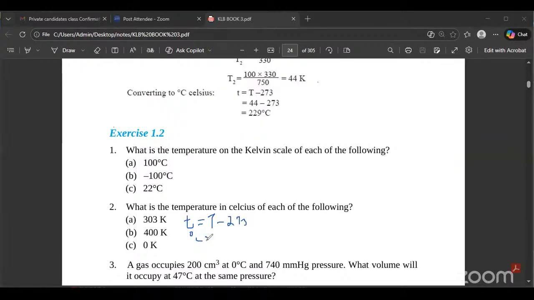Or I told the students so that they don't forget, it is the Kelvin that has been given minus 273. So degrees Celsius, we have said it is the small t. So you can do that one. Or other teachers will teach you differently.